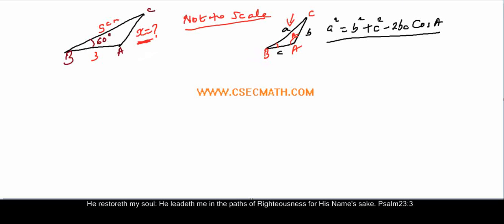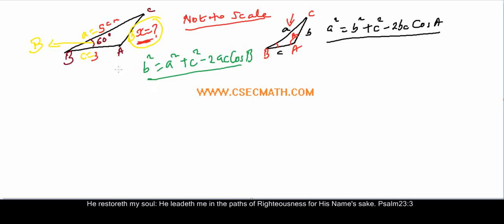So if I am going to make the same representation, this side is going to be my B, this is going to be my A, and this is going to be my C. So since I needed the side B, the formula would be B squared is equal to A squared plus C squared minus 2 times AC cos of B. So this angle which we see here is our angle B, that's capital B. So we would be using this formula which is placed here. So let us apply this formula.